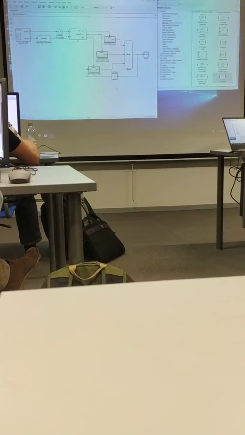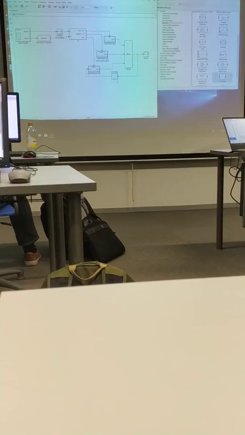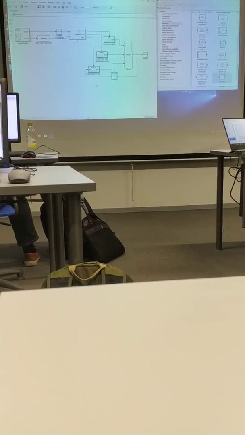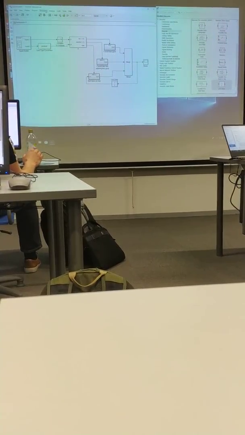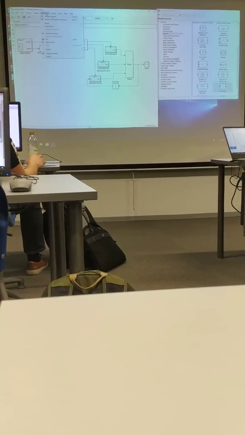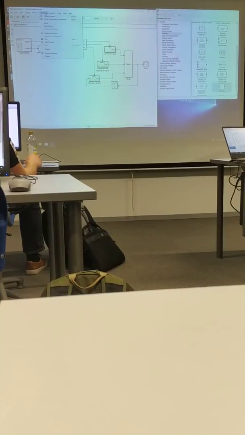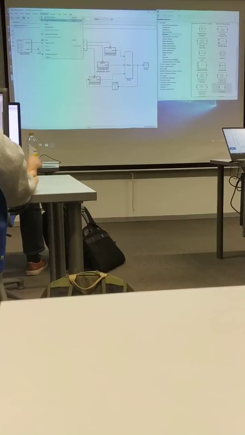We need to do some modifications here to our model because we have a discrete object here. So we go here to Simulation up here, and here we can find Model Configuration Parameters.